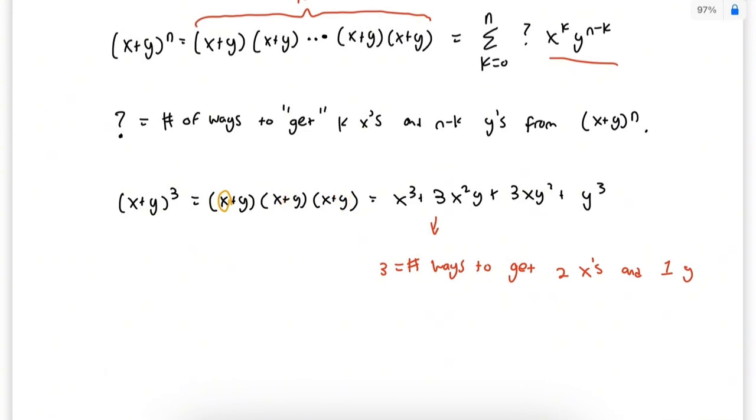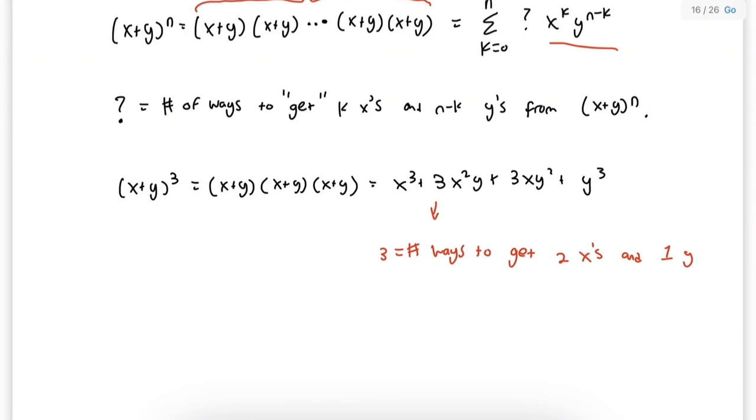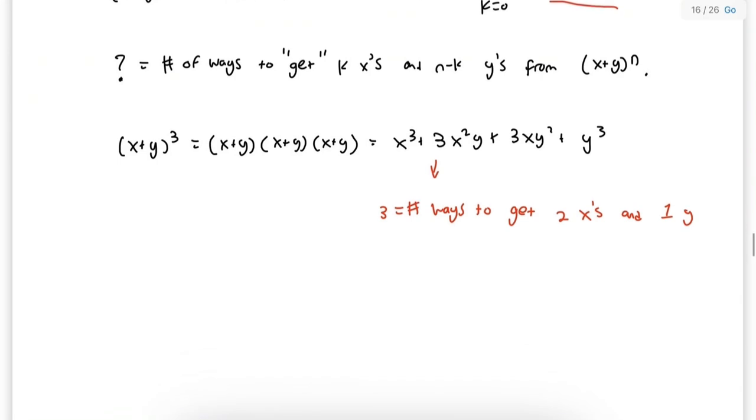I think I'll just kind of undo this. We can also do this, right? And we can also do this. So what are we really doing here, right? What is the number of ways to get k x's and n minus k y's from x plus y to the n?